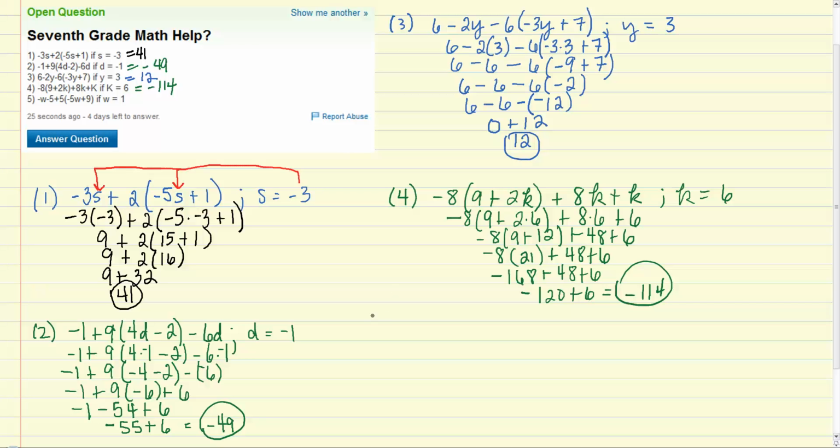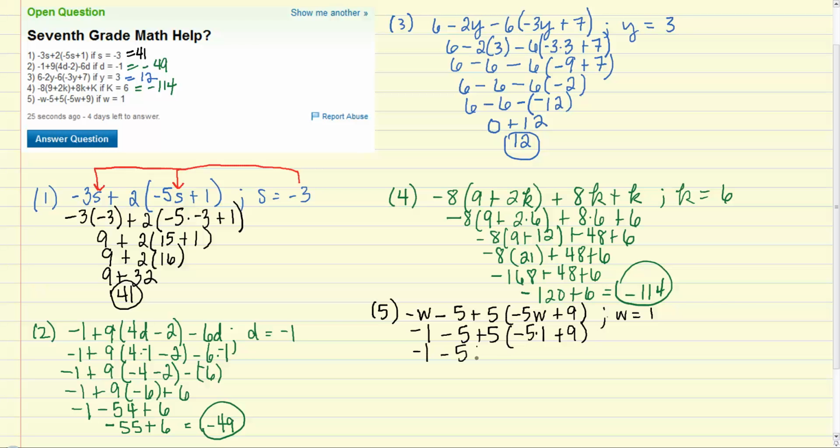Finally, for number 5, we have negative w minus 5 plus 5 times the quantity negative 5w plus 9, where w is equal to 1. Substitute in: negative 1 minus 5 plus 5 times the quantity negative 5 times 1 plus 9.